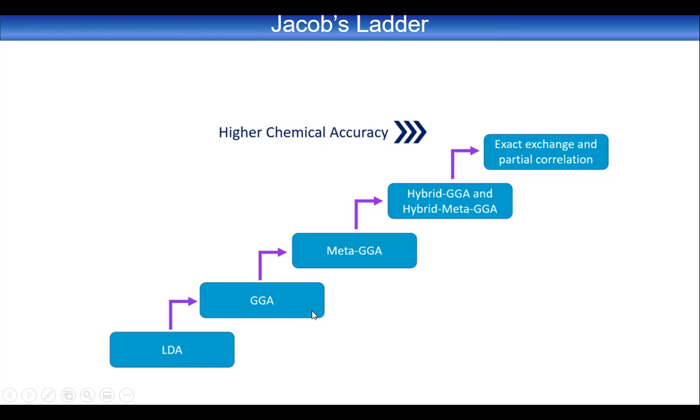And so you have an option of choosing something that's not as accurate but faster, to functionals that are more accurate but slower. And these different functionals are more useful for different types of systems, for example, a metallic system or an insulator.